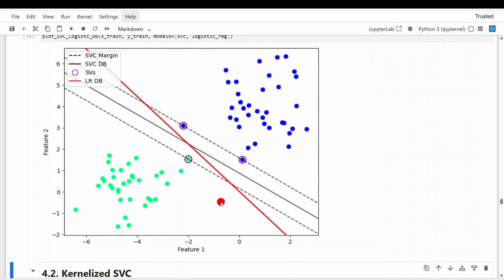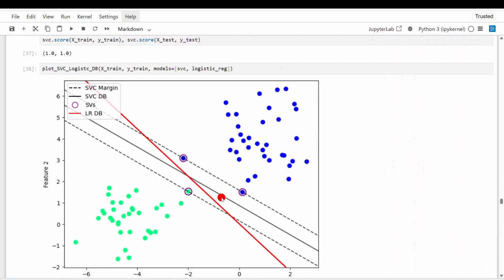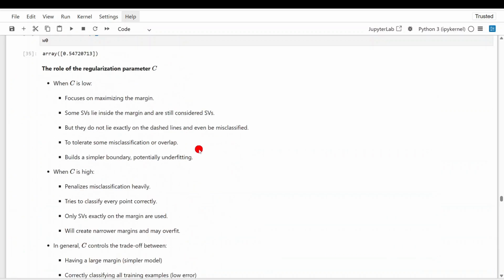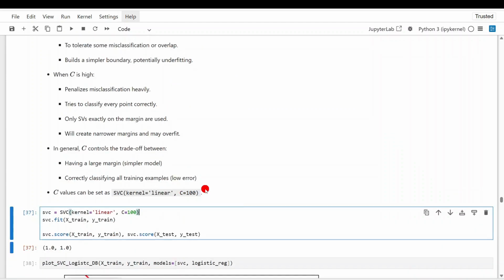So when C is large, it penalizes misclassification heavily and tries to classify every point correctly. But a very large C may lead to overfitting. The optimal value of C should be determined using the hyperparameter tuning procedure we considered in the linear models, using the grid search algorithm.